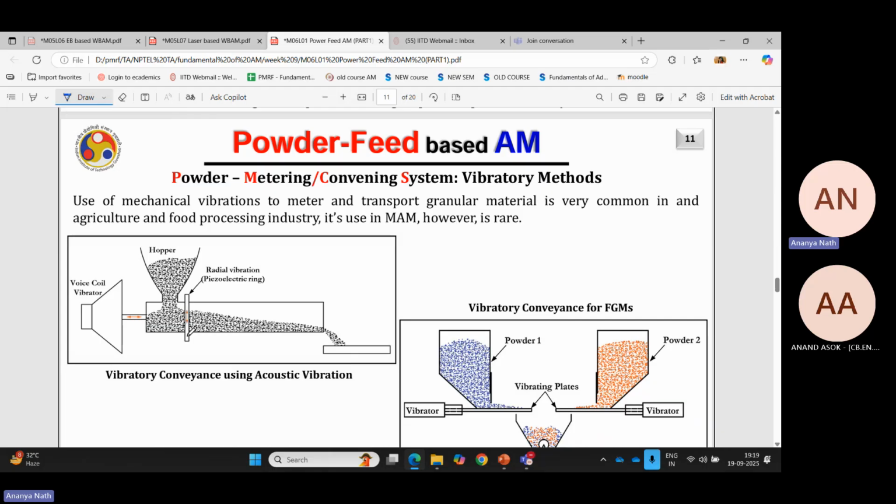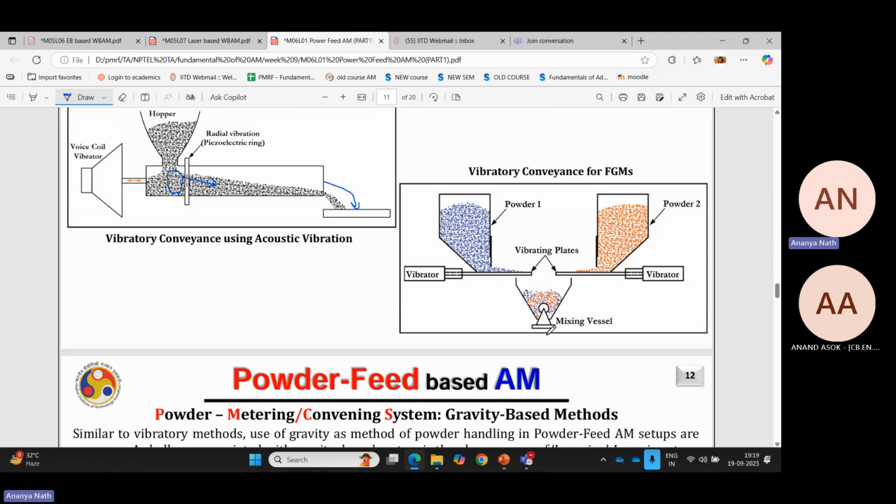So basically they will expand or vibrate. When they do that, the powder will start coming out of this zone. The powder will start coming here and then eventually come to the nozzle, through which it will come to the deposition zone. And if you are interested in two-powder mixing, then two of these will be there. This is the piezoelectric material.